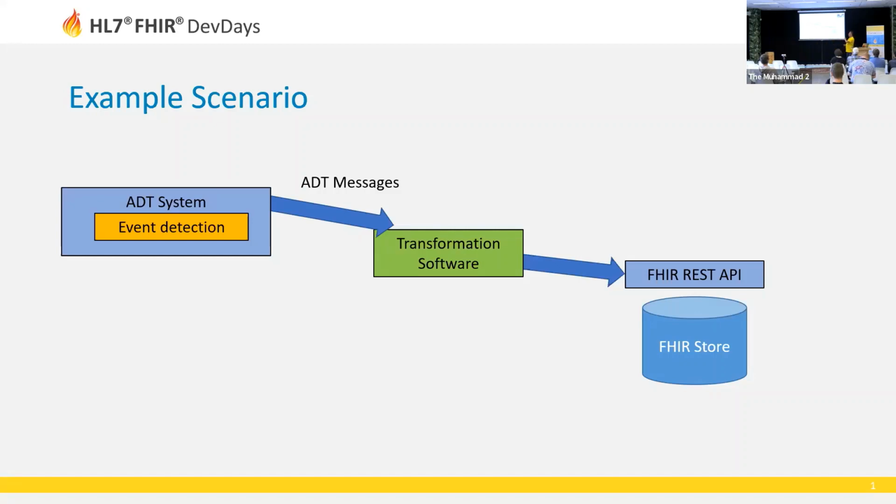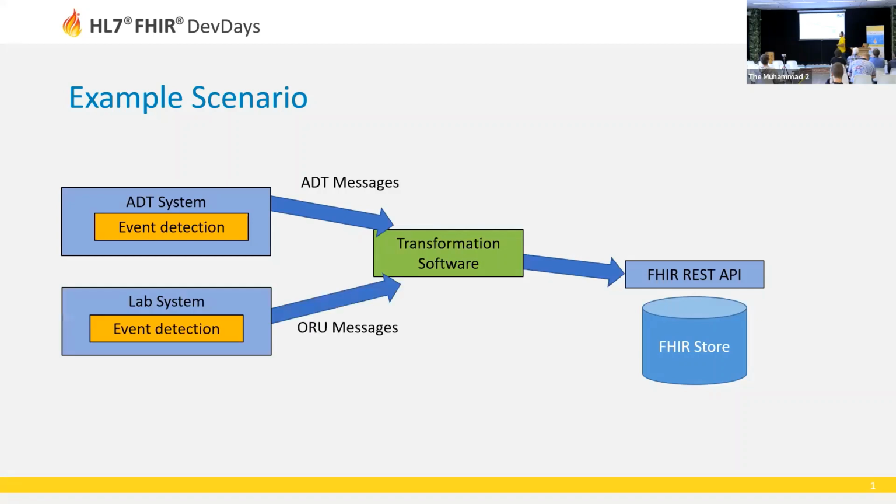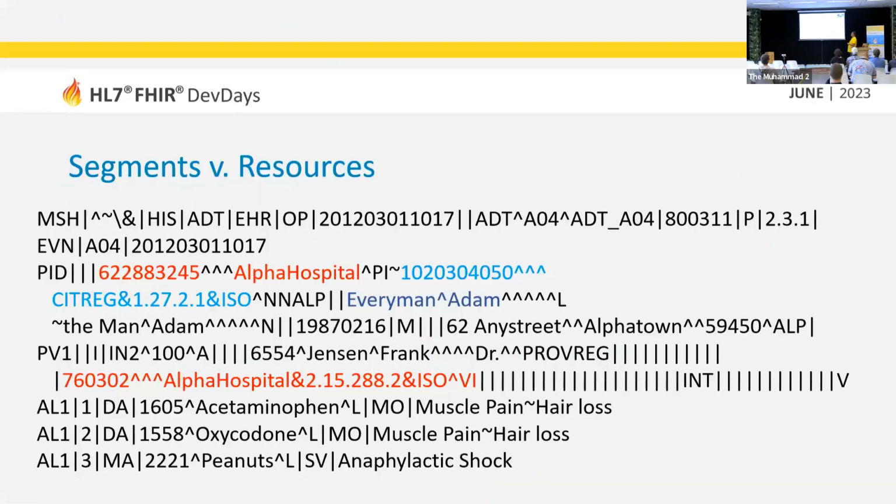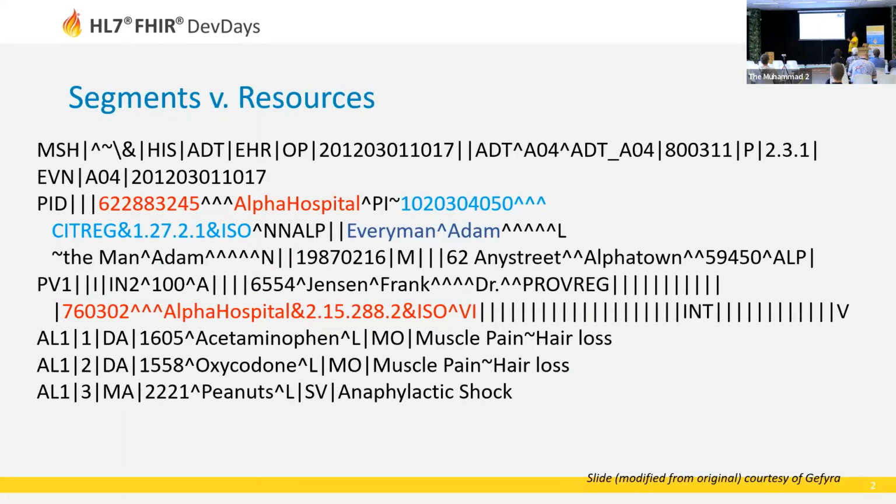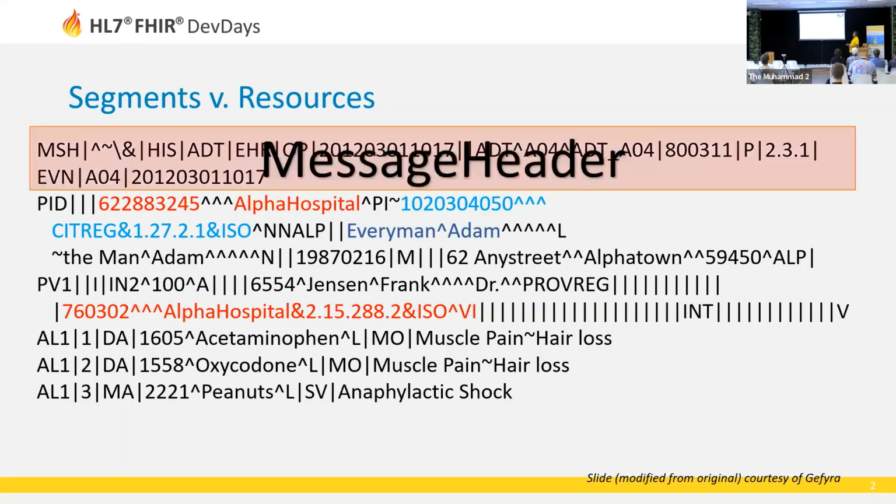To make it a bit more interesting, my use case here, my example, is going to assume that we have an ADT system and a lab system, and they both send a version 2 feed to some sort of transformation software, which updates whatever we have in our store. Now, obviously, if you look at the version 2 message and you go like, oh, transformation is easy, right?